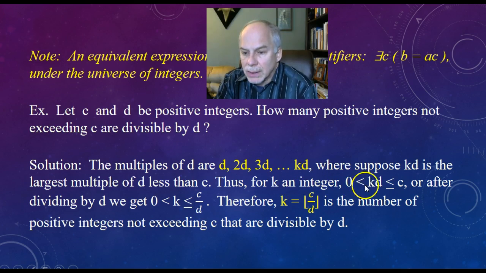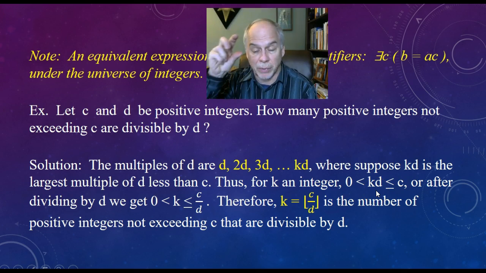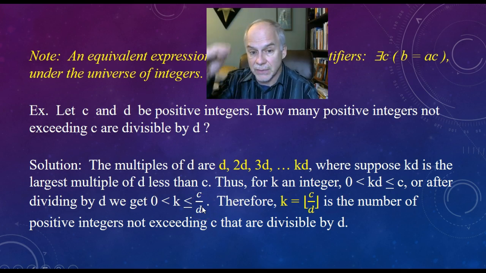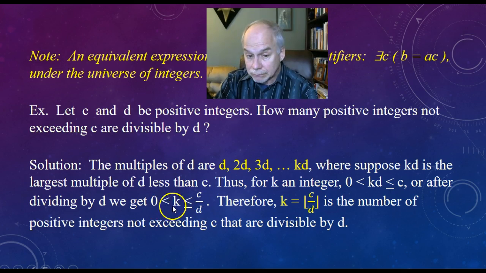Okay, now we write this inequality here that 0 is less than or equal to kd is less than or equal to c. So in other words, kd, that last multiple, is less than or equal to c.